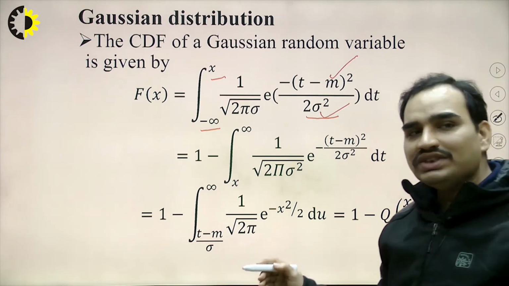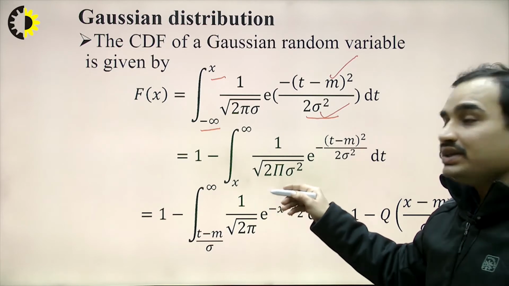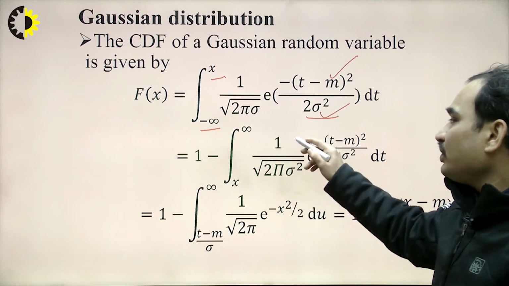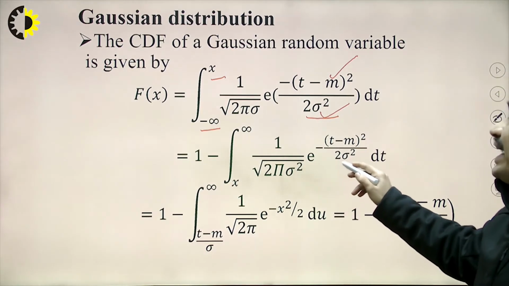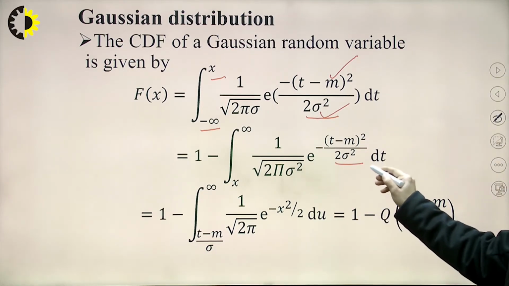So, that is equal to 1 minus the integration from x to infinity of 1 upon root 2 pi sigma square, exponential of t minus m by sigma square, dt.